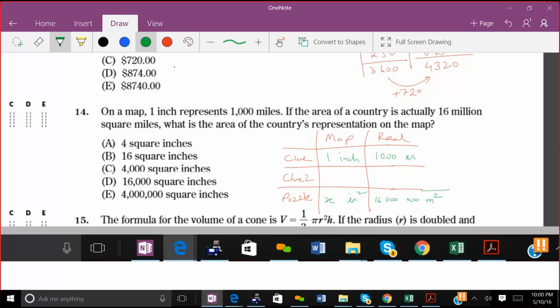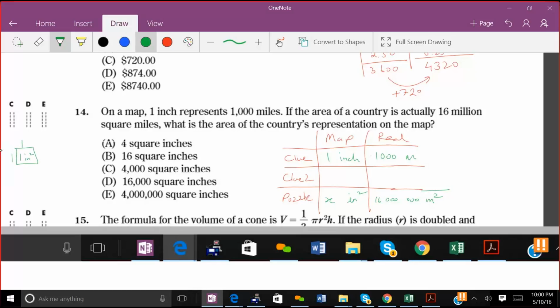Okay. So don't cross multiply because you don't have the right dimension. Okay. Inch and inch, miles and miles are same, but you need to convert it to two dimension. So 1 inch times 1 inch is 1 inch square.